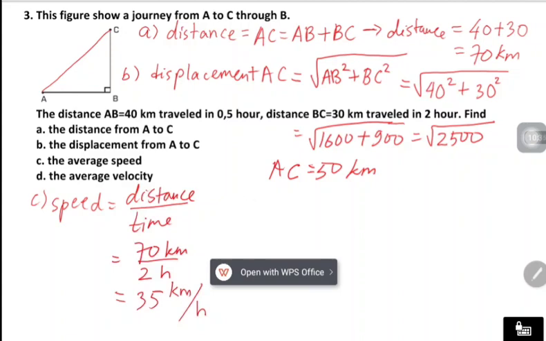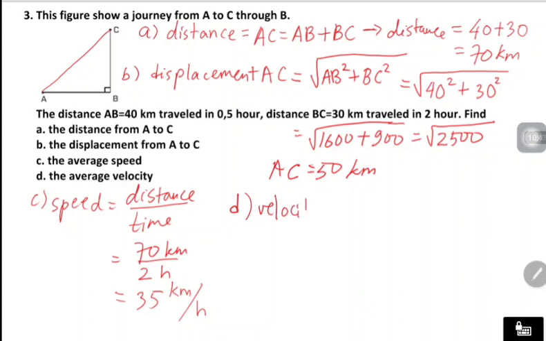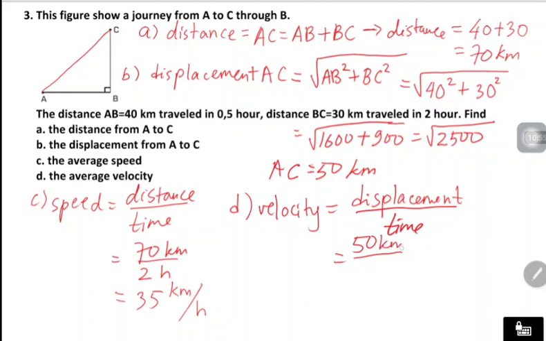But to find the velocity, we have to divide the displacement by time. So we get the displacement 50 km divided by 2 hours, and we got the value of 25 km per hour. This is the difference between speed and velocity.